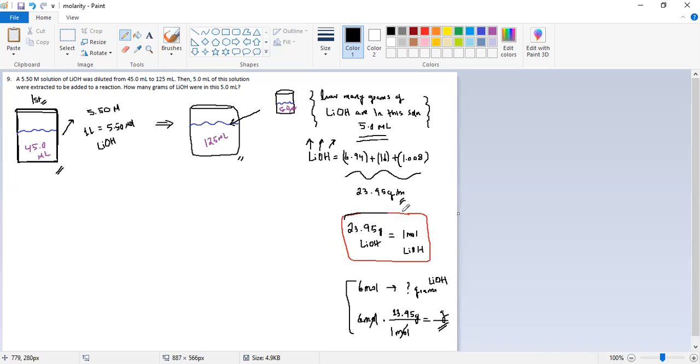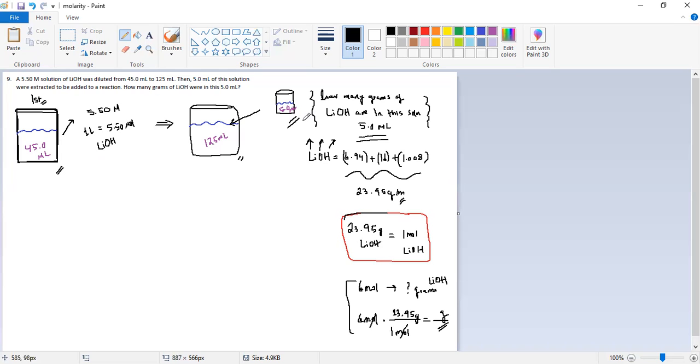But so, sort of trying to apply the same idea here, you could think that, well, okay, let me first figure out how many moles are in the original solution, and then use that as a conversion factor to find out how many moles are in the 5.0 milliliters, right?